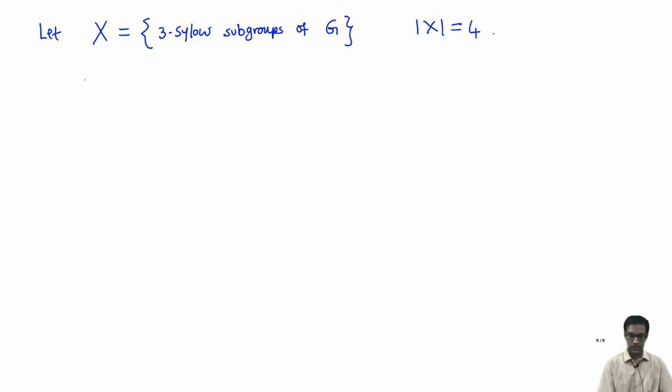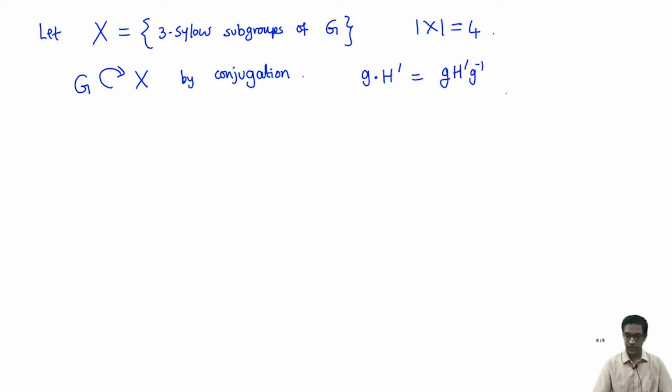Okay. Now let's construct an action of G on X. Okay, that's easy too. It's sort of natural. We just take the conjugation action. So what do we mean by that? We just take g acting on any one of the Sylow subgroups H' will just give me g H' g inverse, the conjugate of that guy. Okay, and what Sylow theorem 2 tells us is that all the Sylow subgroups are mutually conjugate to each other, right?